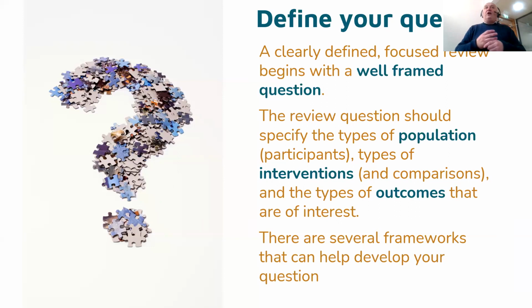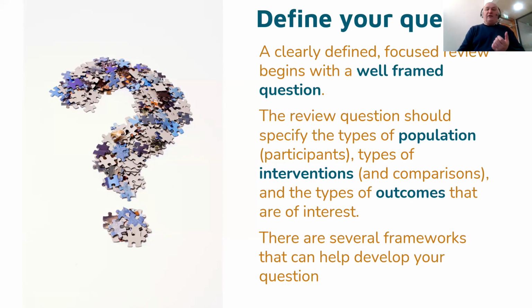A lot of reviews use a framework to help them come up with their search strategy. One of the most commonly used, at least on the health side, is PICO. PICO stands for population or problem, I for intervention, C for comparison, and O for outcomes.